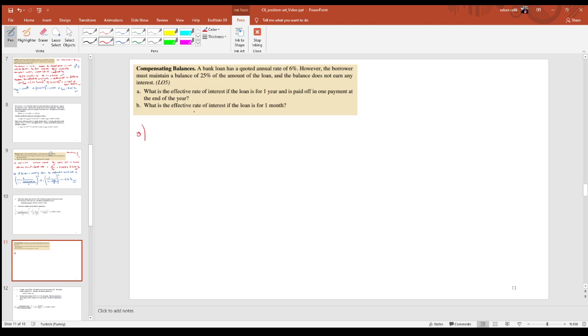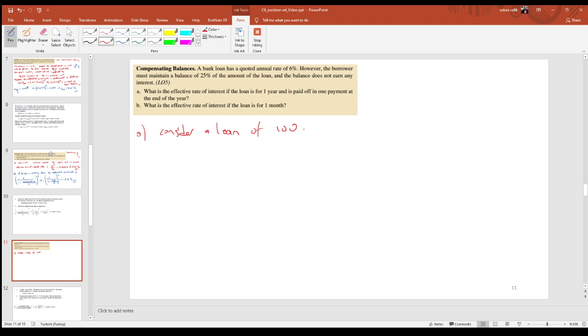And B, what is the effective rate of interest if the loan is for 1 month? Now, again, consider a loan of 100.